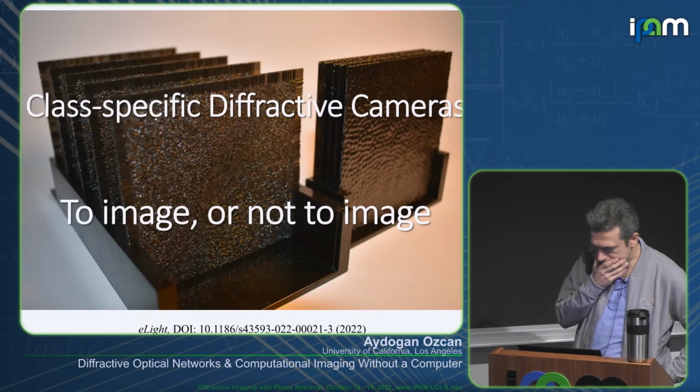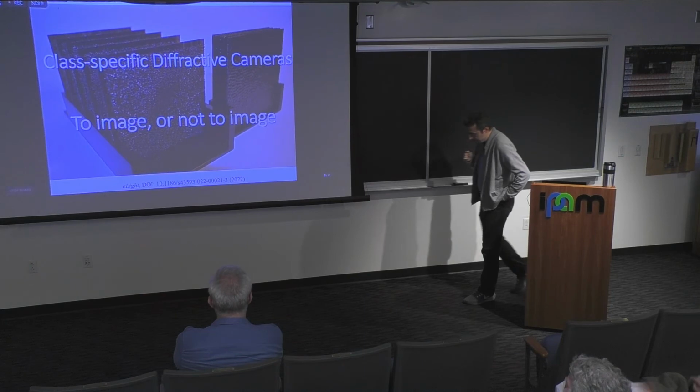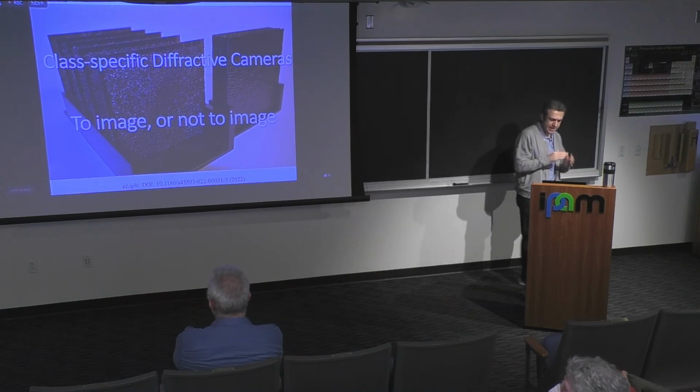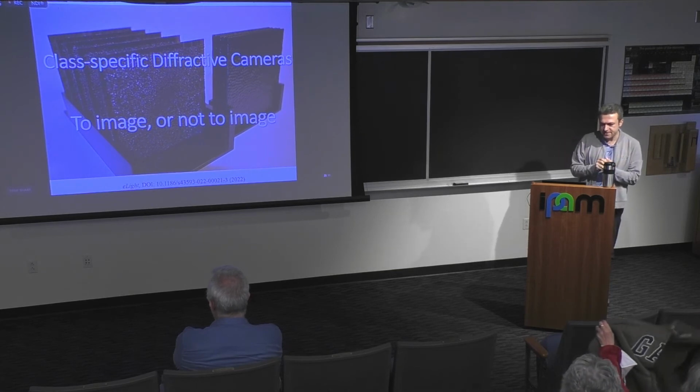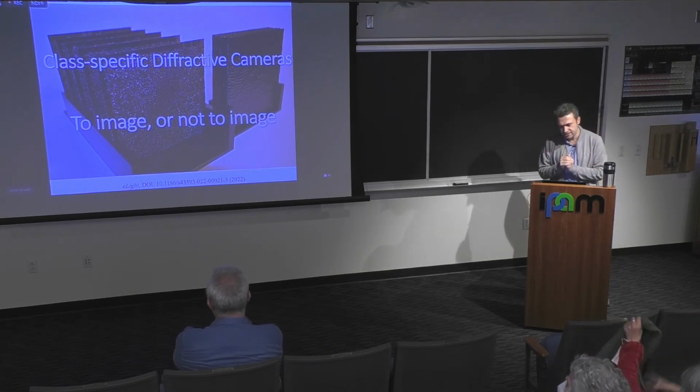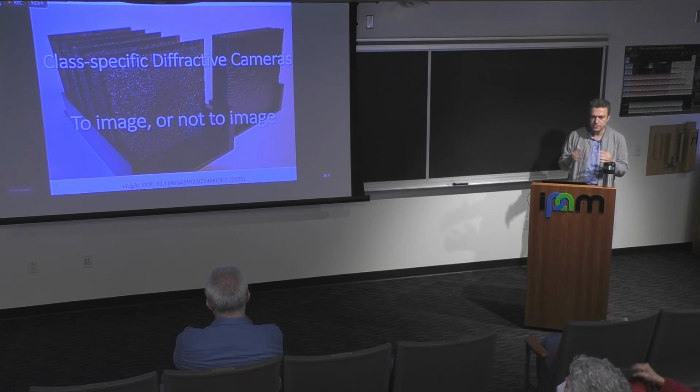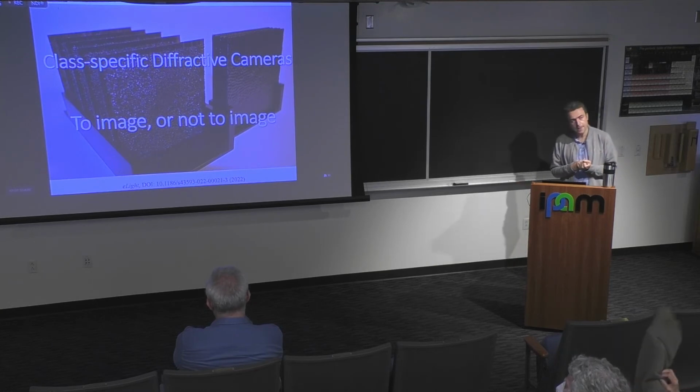To finish off, in the last 2 minutes or so, I'll finish off with a final example of some of the exotic transformations, especially when it comes to imaging systems, that you can do. Here, the goal is to do class-specific diffractive imaging, to decide what to image and what not to image.